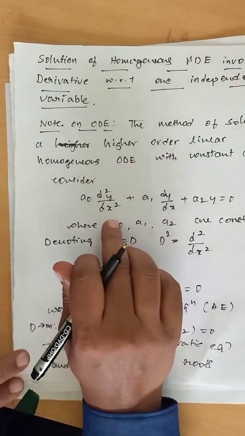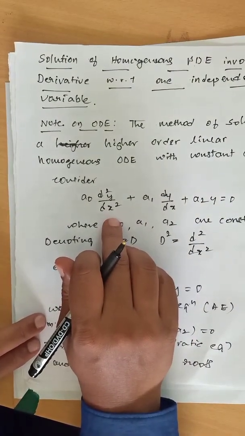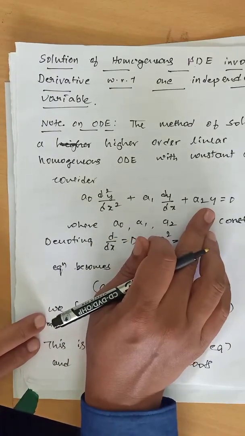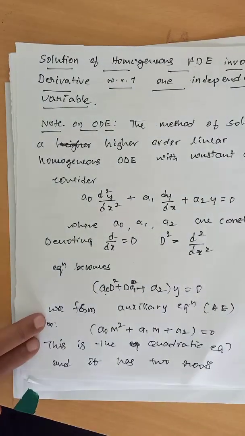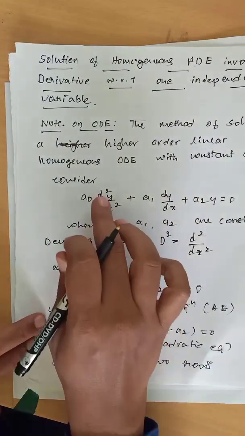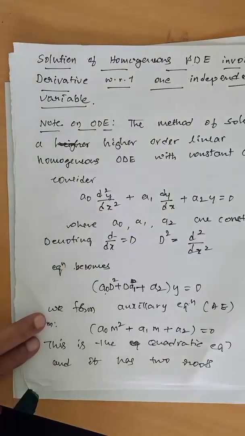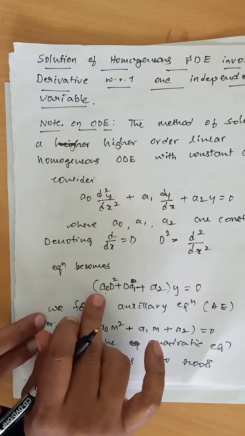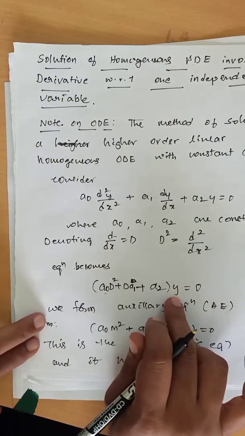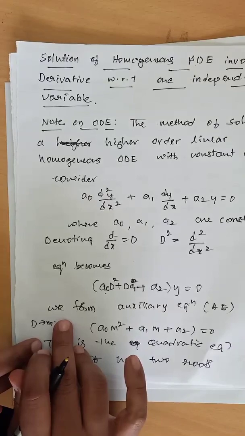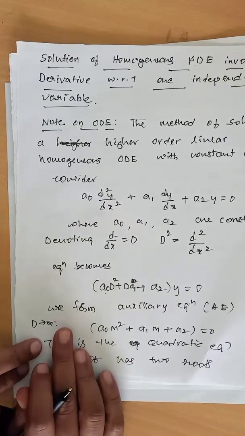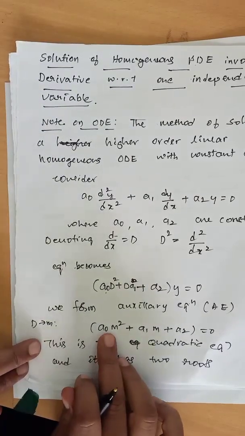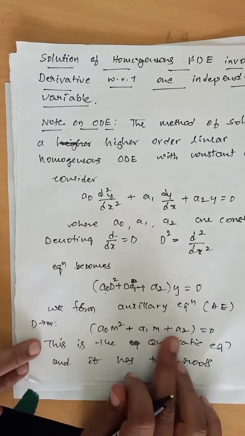In general, a naught into d square y by dx square plus a1 into dy by dx plus a2 into y is equal to 0. Here a naught, a1, a2 are constants. You denote d by dx differential operator by capital letter D, and you will get the equation like this. After we get this, we form the auxiliary equation. Auxiliary equation means we replace D by m. You will get a naught m square plus a1m plus a2 equal to 0.